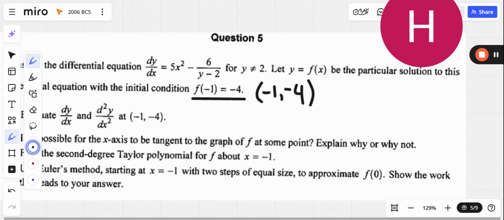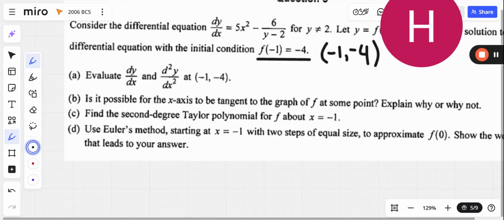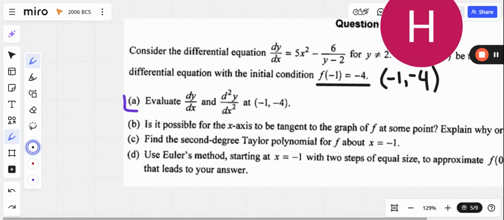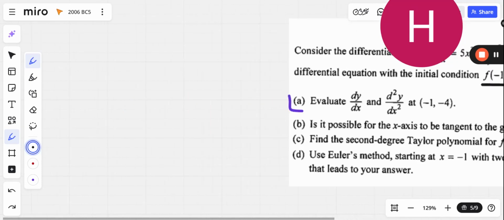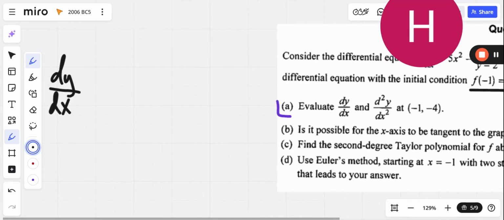And let's get started with part A. Part A says to evaluate dy/dx and d squared y/dx squared, so the first derivative and the second derivative at (-1, -4). Now dy/dx is obviously going to be very easy to evaluate. We just straight up plug in these values.